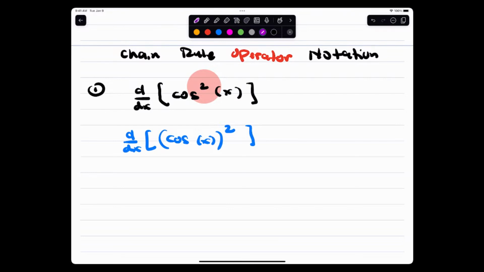Okay? All right, you guys see the point. What is happening then is cosine is your base and 2 is your power. Is that right?